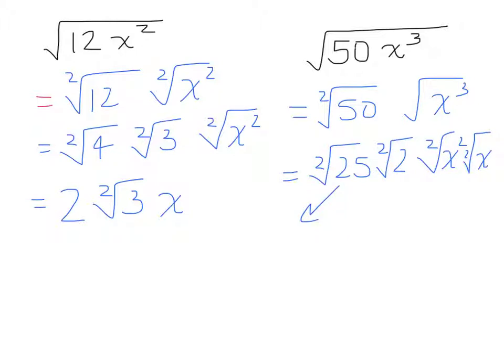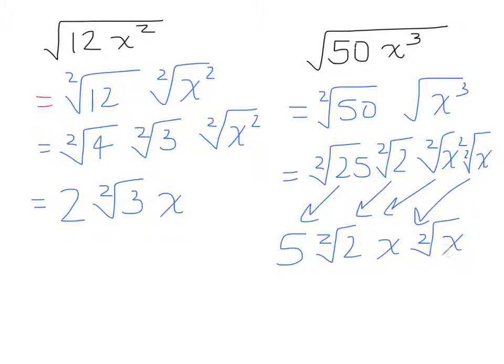So, what is the square root of 25? 5. What is the square root of 2? Just the square root of 2. What's the square root of x squared? x. And the square root of x is just the square root of x. So we've taken something that had 2 parts, and it now has 4 distinct parts: the 5, the square root of 2, the x, and the square root of x. And that's in its most reduced form.